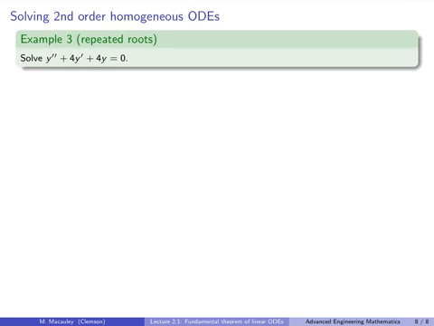Okay, so here we want to solve y double prime plus 4y prime plus 4y equals 0. As before, we assume the solution is of the form y of t equals e to the rt, and then y prime is r e to the rt, and y double prime is r squared e to the rt, and now we plug these back into here. I'll skip a few steps because we know how this turns out.